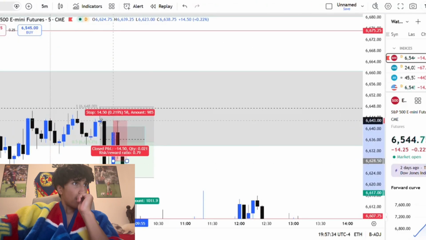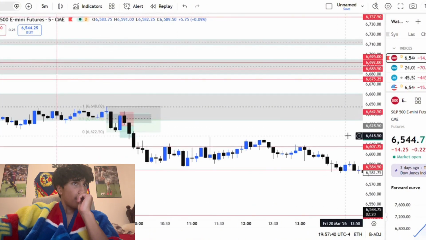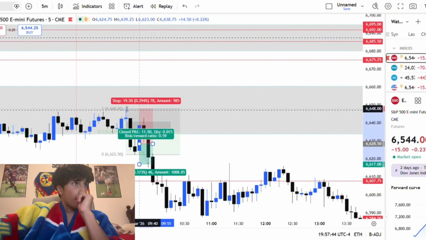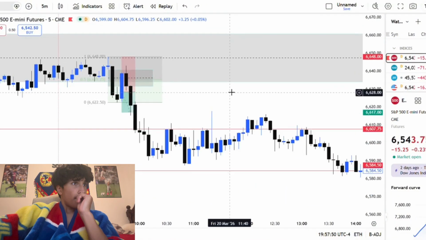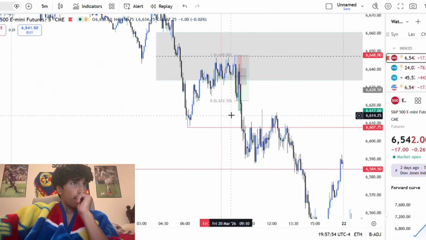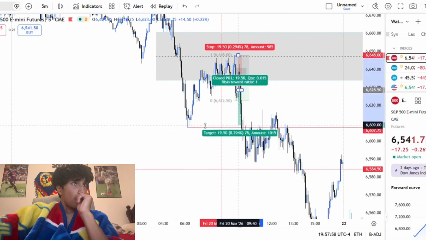Okay, I'm not gonna lie, I actually would have got stopped out anyways off of this move, because of how I place my stop losses. I mean, if I took this trade, I would have stayed in if I put it at the high, but I didn't.